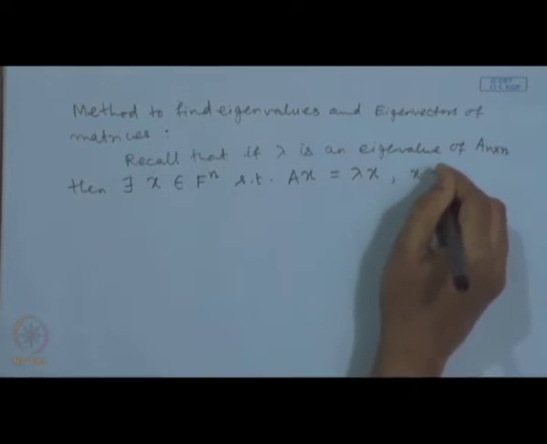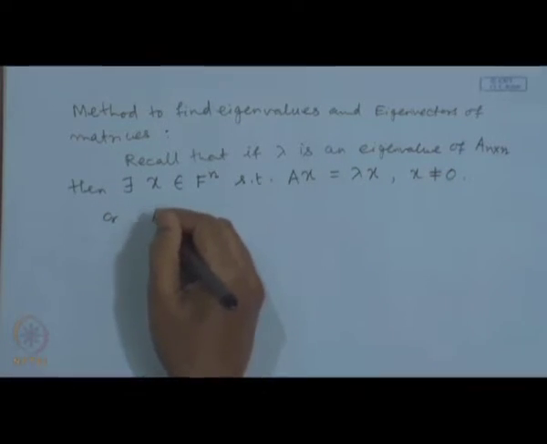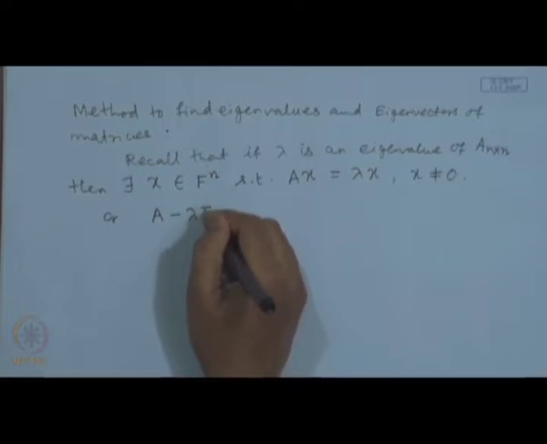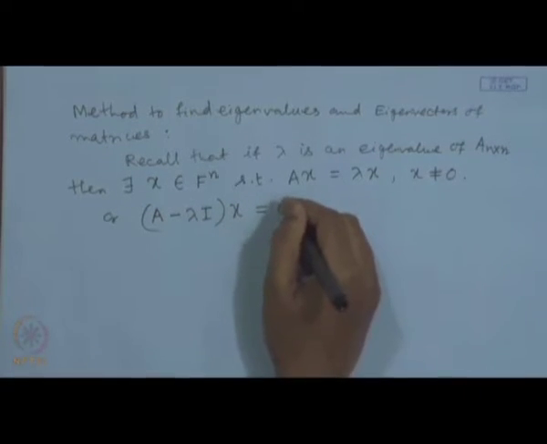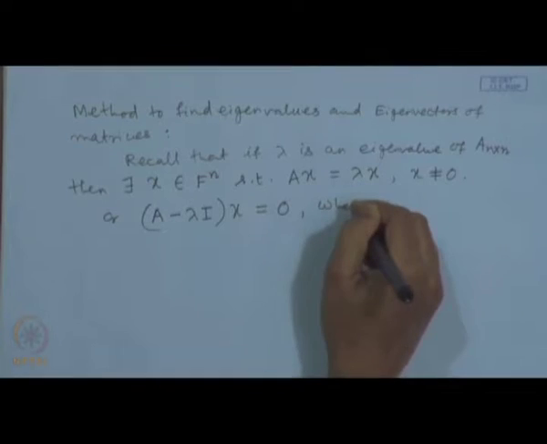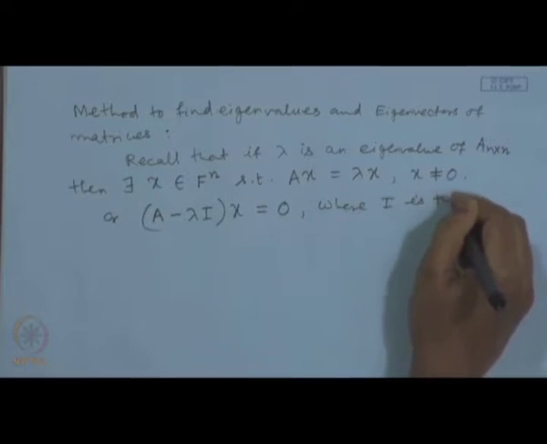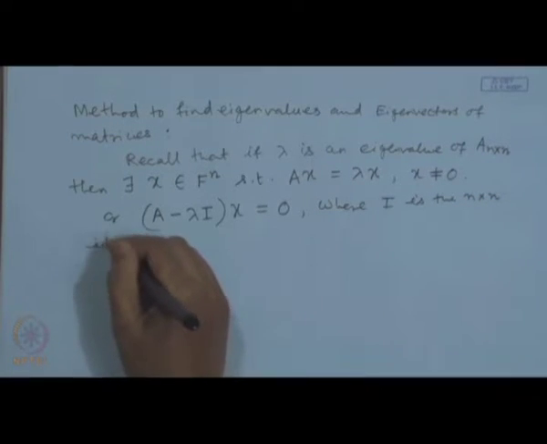Here x is not the 0 vector, or we can write this as (A minus lambda I)x is equal to 0, where I is the n by n identity matrix.